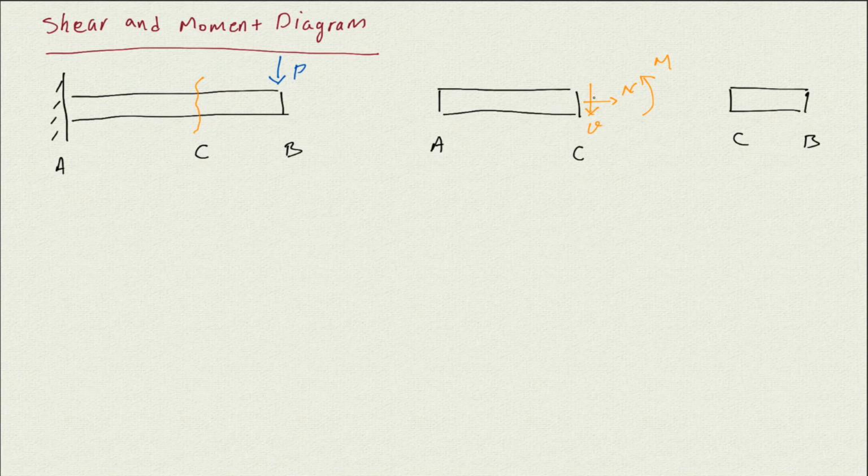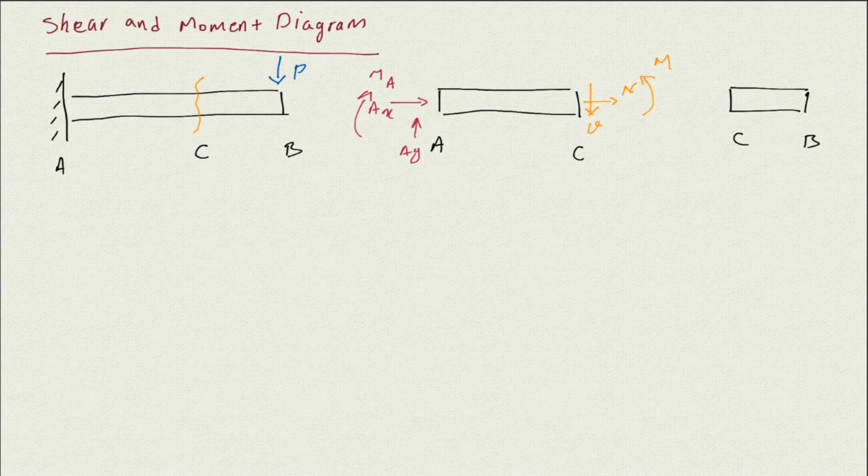And we don't know where that position is. And also we have the support at point A. So we have the Ax, we have the Ay, and we have M at A.